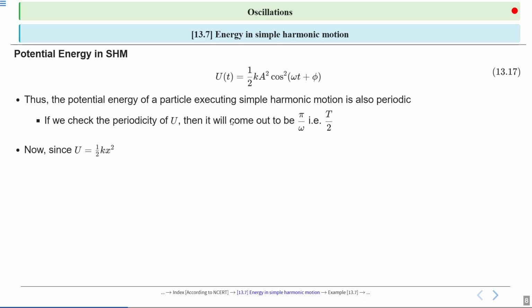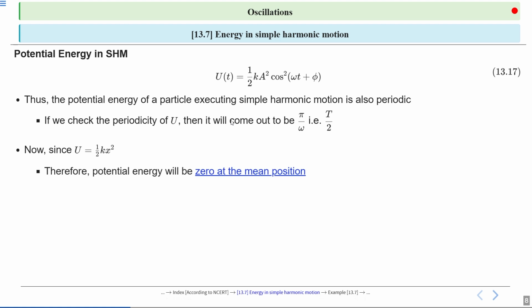So the general formula for potential energy in a spring system is U is equal to 1/2 kx squared. This tells us that the potential energy depends on how far the object is from the center or equilibrium point. The further it is from the mean, the greater the potential energy stored in the spring.